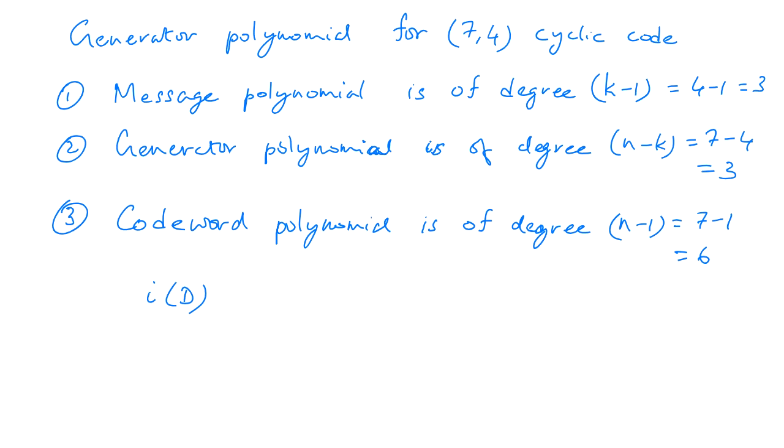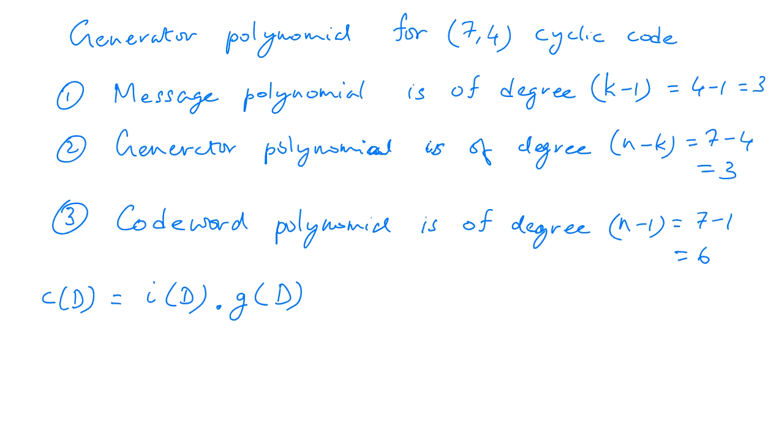We'll call it the message polynomial or the information polynomial, I of d, and we will multiply it with the generator polynomial, which we will call g of d, and that will give us the code word polynomial, which we will call c of d.